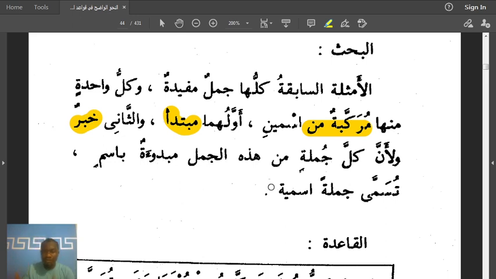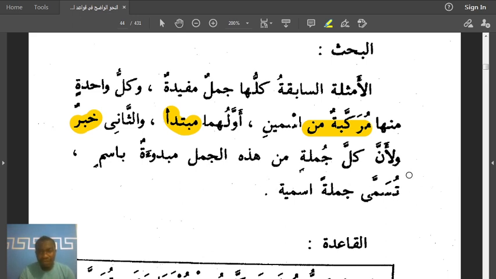So you have two nouns. The first is called mubtada and the second is called khabar. And that's why I said it's no new thing. You've already studied al-mubtada and khabar. So knowing jumla ismiya is just the same thing, just that now you are being told it is jumla ismiya.